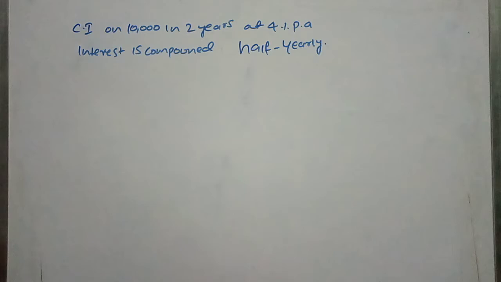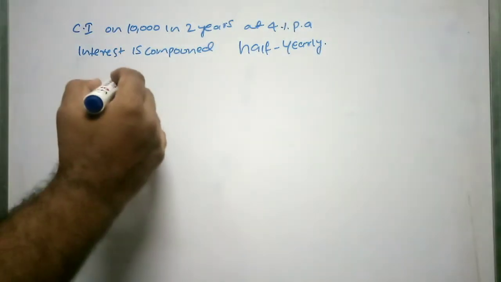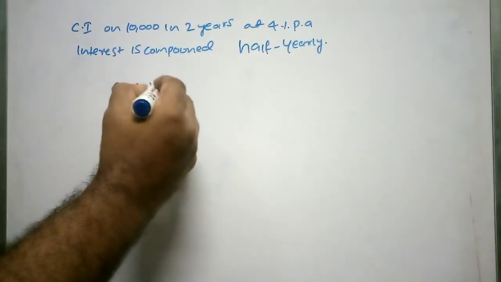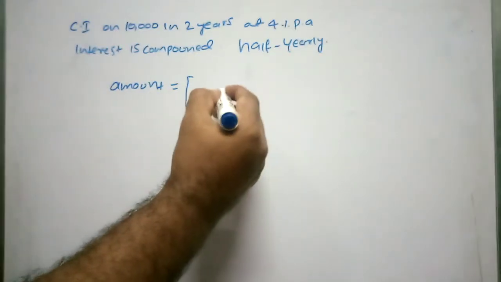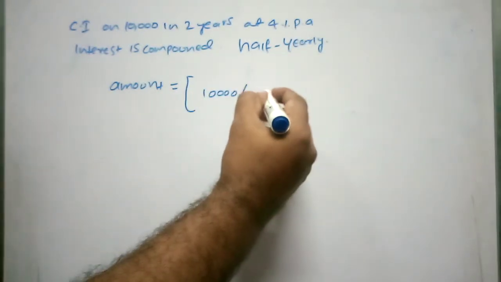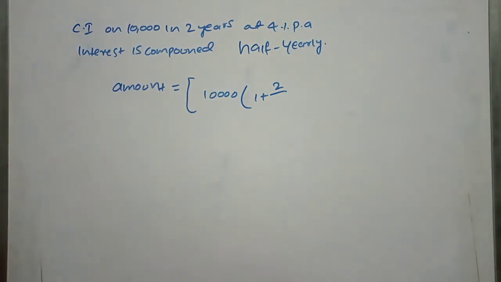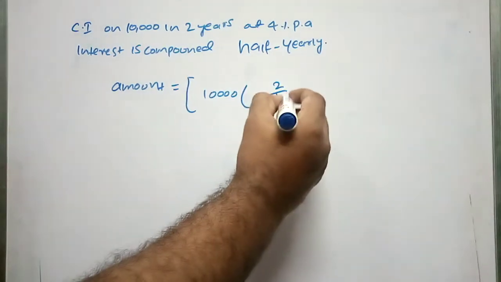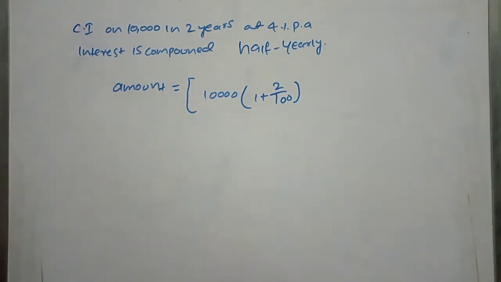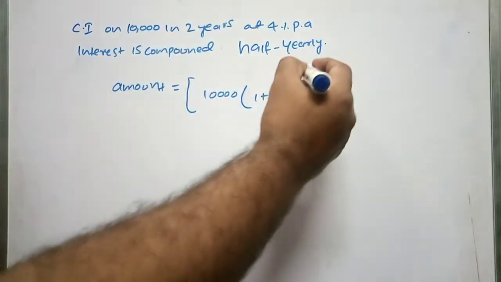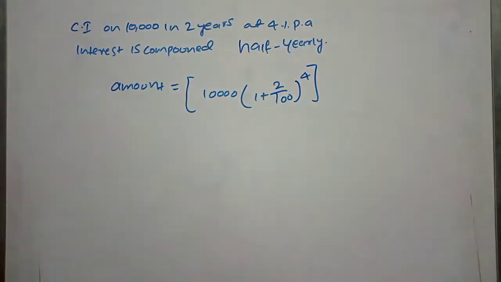So let us say the amount we need to find is equal to 10,000, then 1 plus rate of interest is 4%, but it is half yearly. So 4 divided by 2, that is 2 divided by 100, and it is half yearly, 2 times 2, that is 4. Okay, so this is the notation.